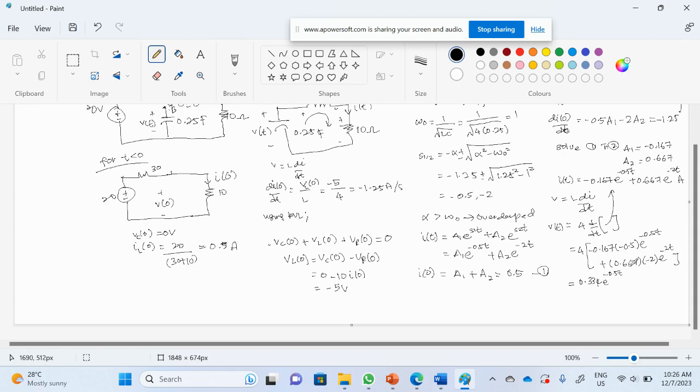And then 0.667 times negative 2 times 4, minus because there is a negative, 5.336 exponential negative 2t.